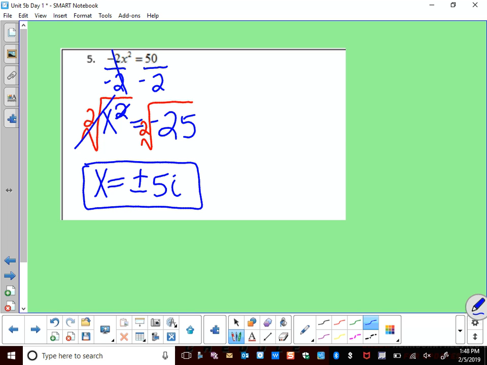Some of you told us it's 5i because we have the square root of -25. The square root of 25 is 5. Whenever we have a negative under the radical for even roots, then i has to come out. Any questions on number 5?